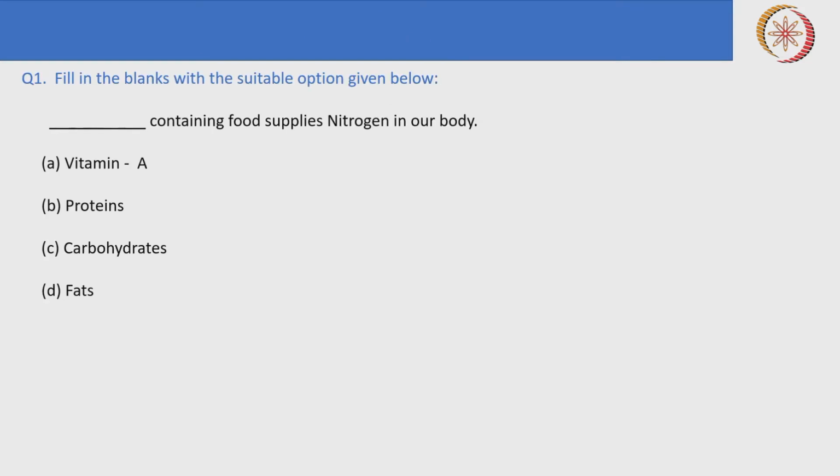This is the first question: fill in the blank with the suitable option given below. What component of food supplies nitrogen in our body? There are four options: vitamin A, proteins, carbohydrates, and fats.